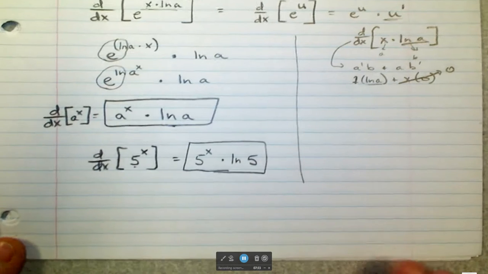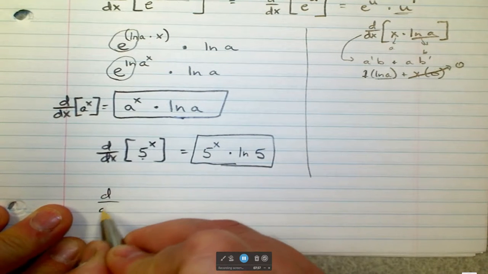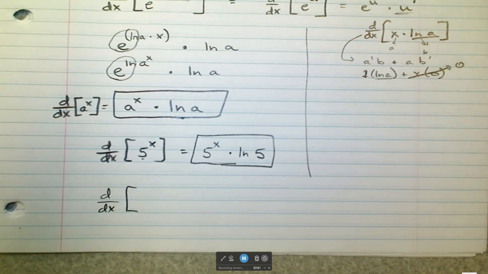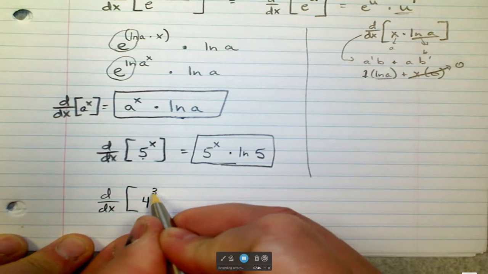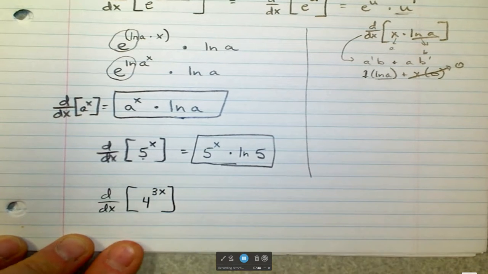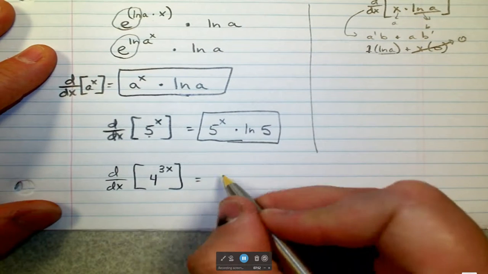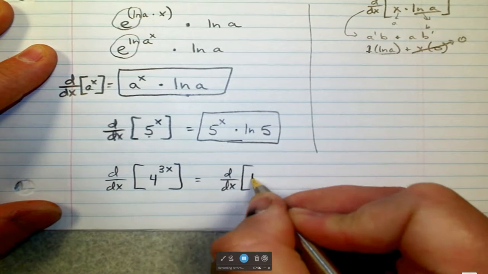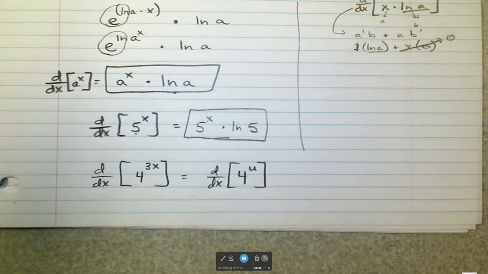Now, we have a cool new derivative rule. So what if I said d dx of 4 to the 3x? How would you work that one? Well, you'd have to look at that as 4 to the u.